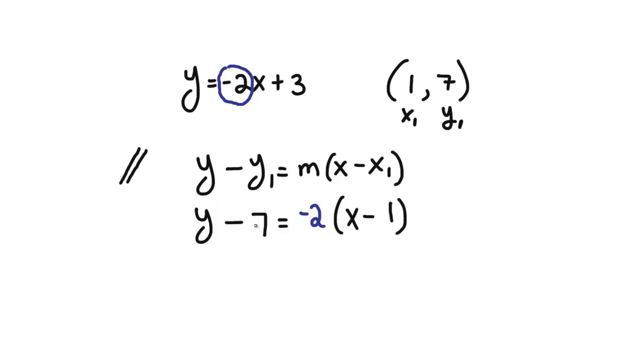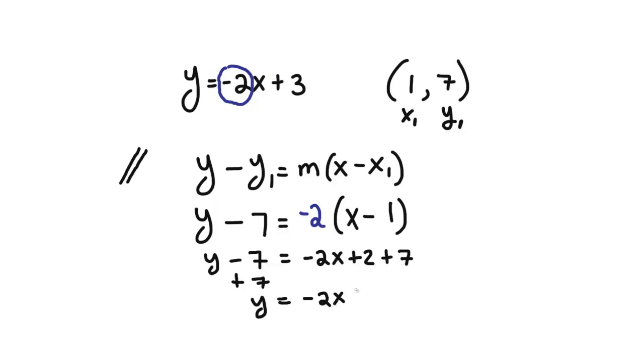Okay, so now we can do out the algebra. This will give us -2x. -2 times the -1 gives us the +2, and y minus 7. So the only thing left is to add 7 to both sides. +7 over here. So now we have y is equal to -2x plus 9.